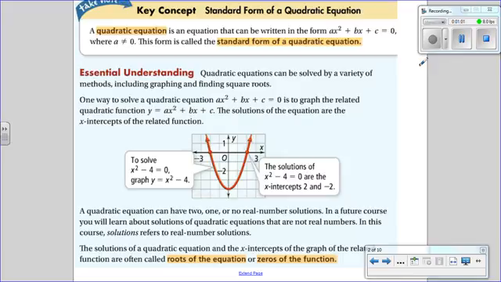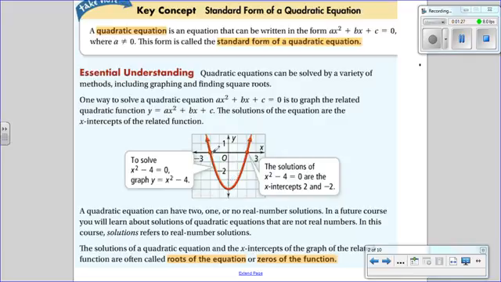Now that also entails you having to graph it, and so that's kind of an extra step sometimes you have to take. And so we're going to show you a couple of different ways. Like I said, if you have it graphed, the solutions are just where the parabola crosses the x-axis.